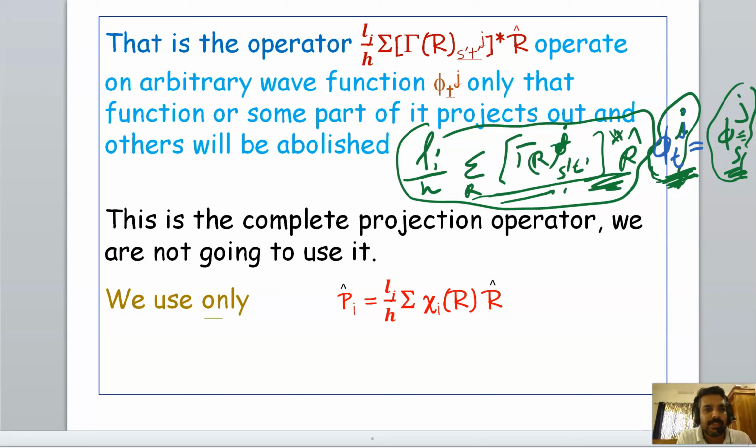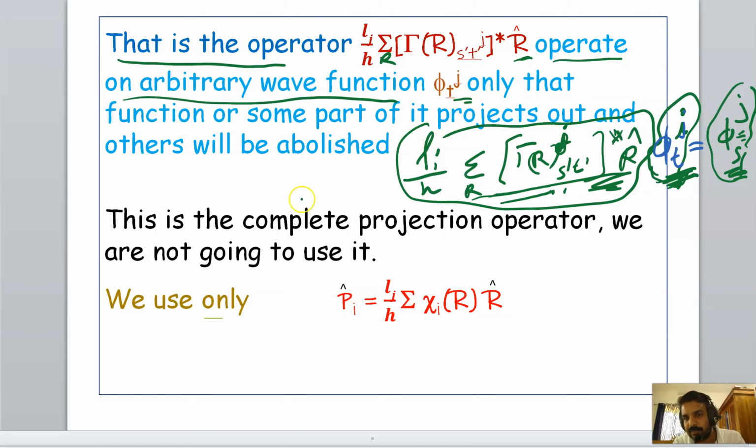That is read here. This is the operator Li divided by H, sigma r, gamma r s dash t dash j star, r, operating on the arbitrary wave function phi tj. Only that part of the function, or some part of it, projects out and the others will be abolished.